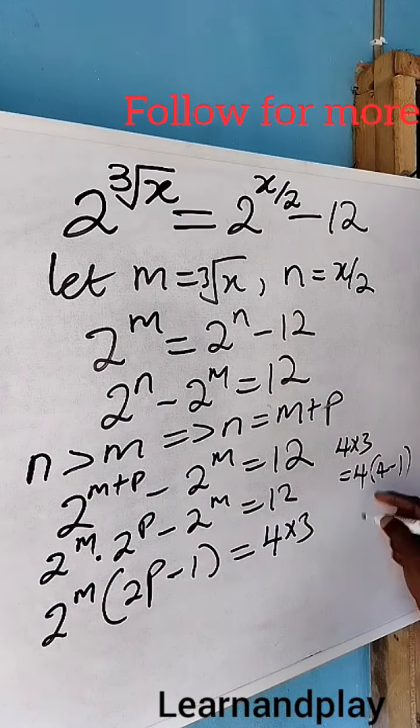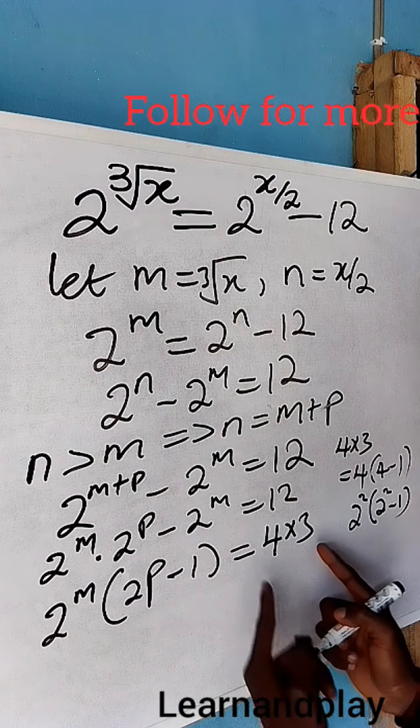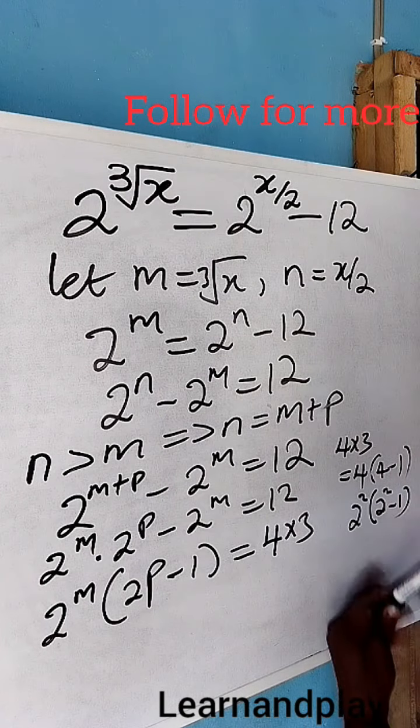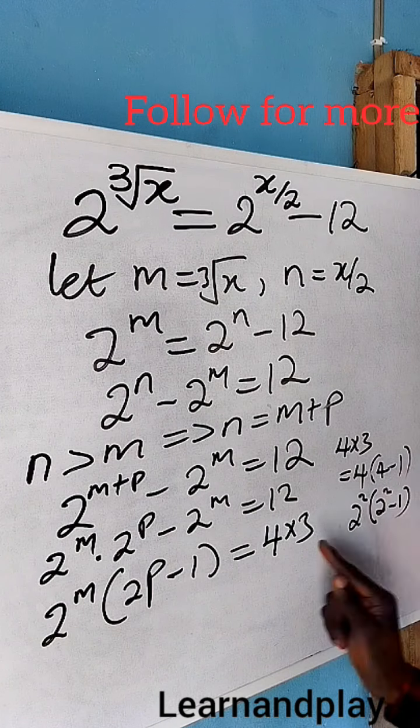Now this can be expressed as 2 to the power of 2 multiplied by 2 to the power of 2 minus 1.